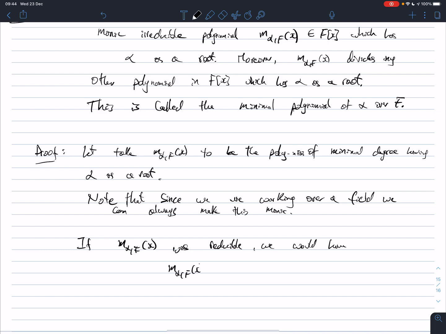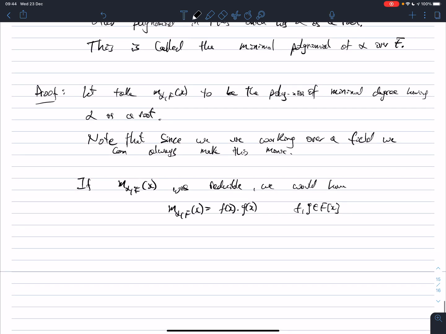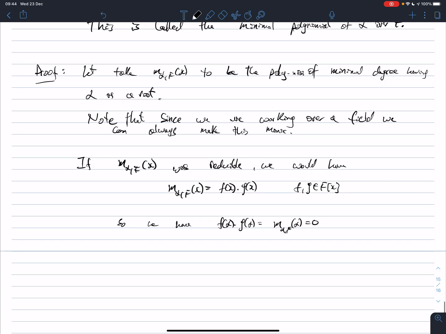So m_alpha of x would have to look like f of x times some g of x, with f and g in F[x]. But then what happens if you evaluate this at alpha? So we have f of alpha times g of alpha would have to equal m_alpha,F of alpha, which we know is 0 because alpha is a root of this polynomial. So now we'd have two polynomials.